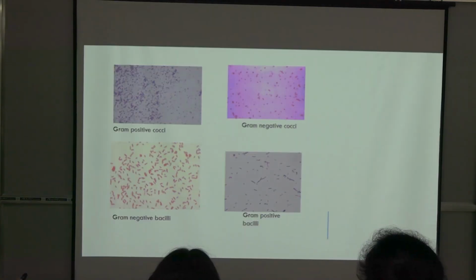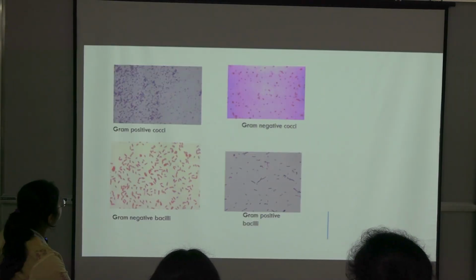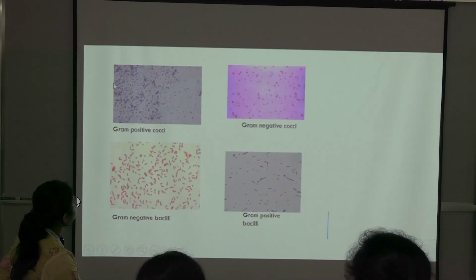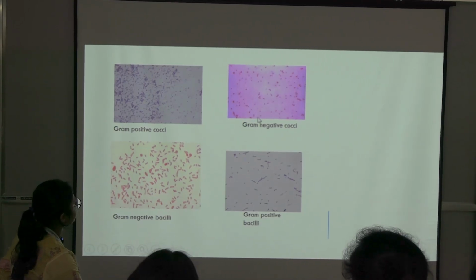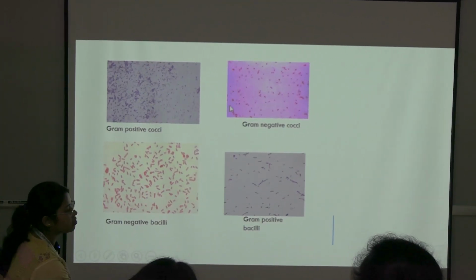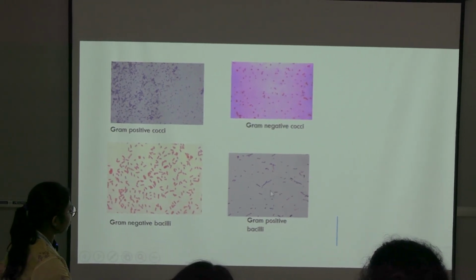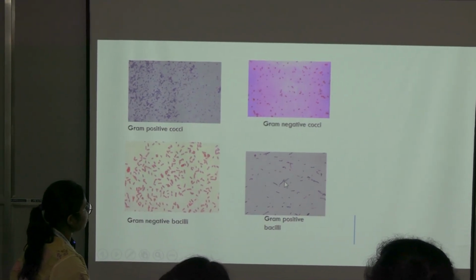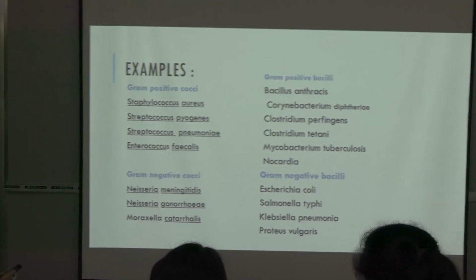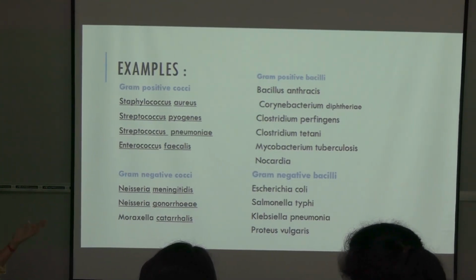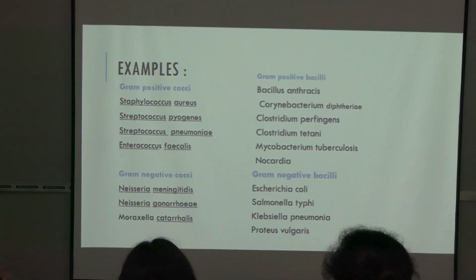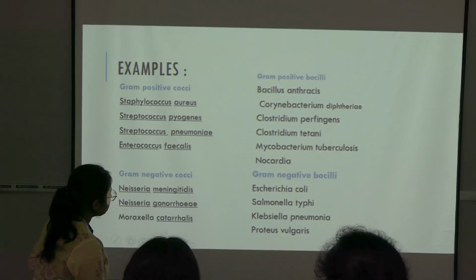Okay, see, these are gram positive cocci, violet colored clustered structures, gram negative cocci, pink colored, gram negative bacilli, pink colored rod shaped, and gram positive bacilli, purple colored rod shaped. In viva, you will be asked to say the examples of gram positive cocci, bacilli, gram negative cocci, bacilli. So these things you have to remember. Okay, that's it.